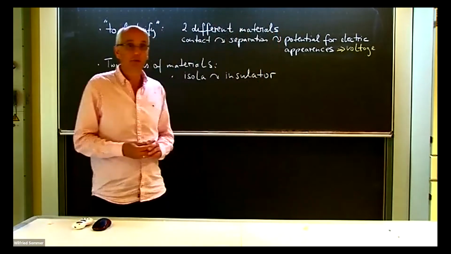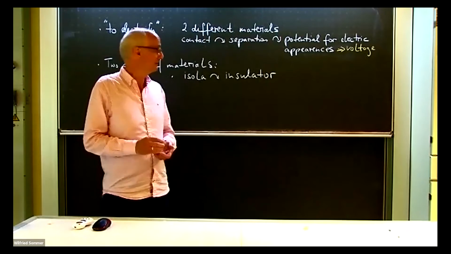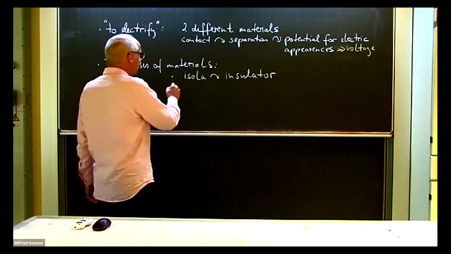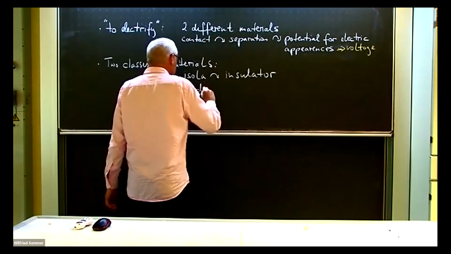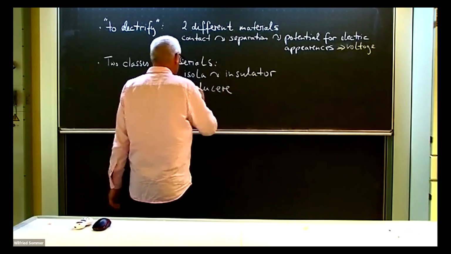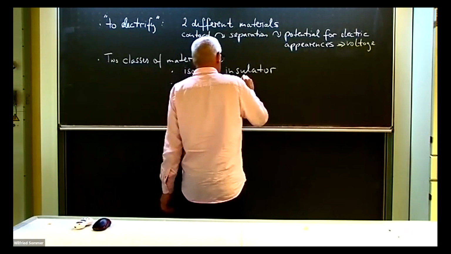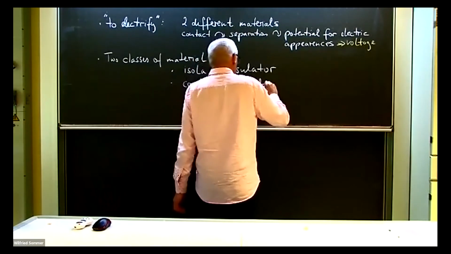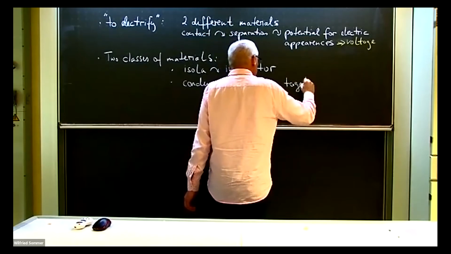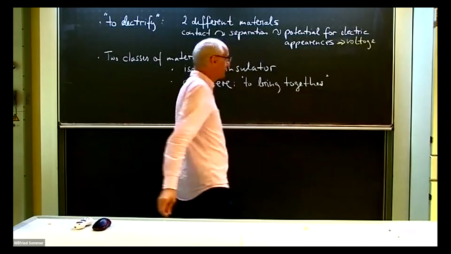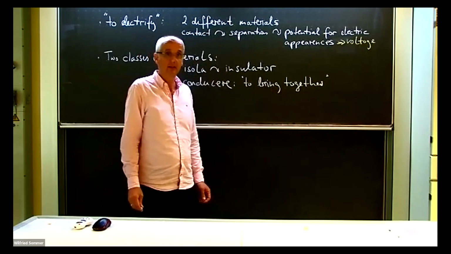And this class of materials that are predominantly metals are called conductors, and in Latin, conducere means to bring together. And the electrification is brought together on the whole metal plate.